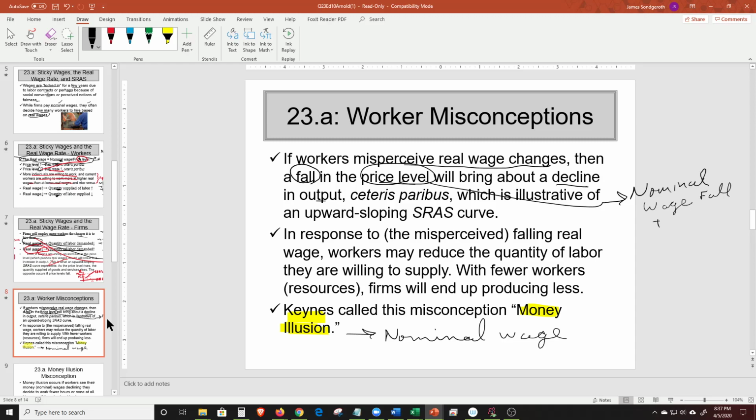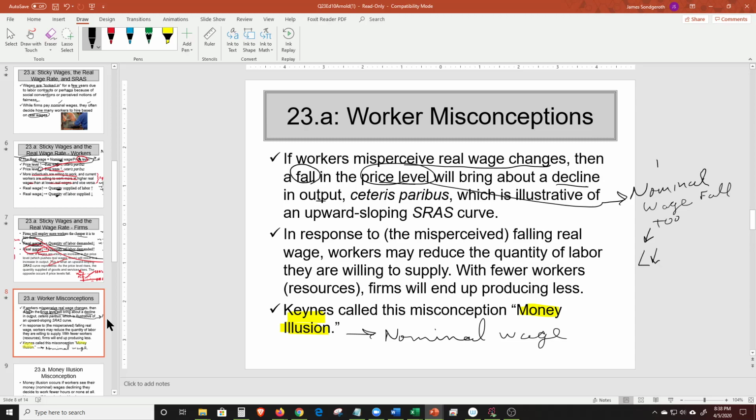But because all prices are falling, basically the real wage has remained unchanged. Yet workers work less. So what we get is an upward sloping supply curve. In other words, labor goes down. The amount of labor going into production goes down.